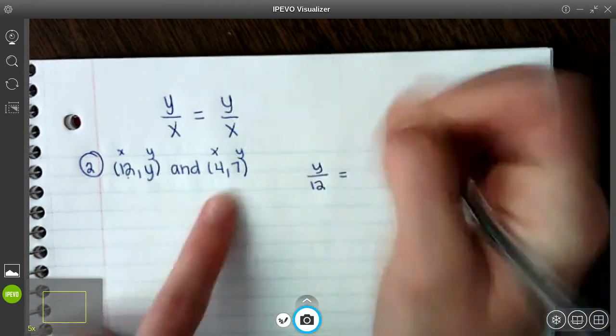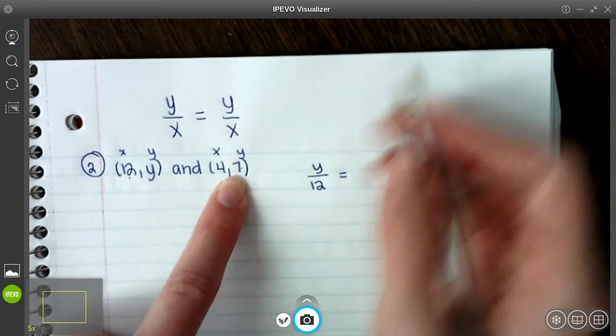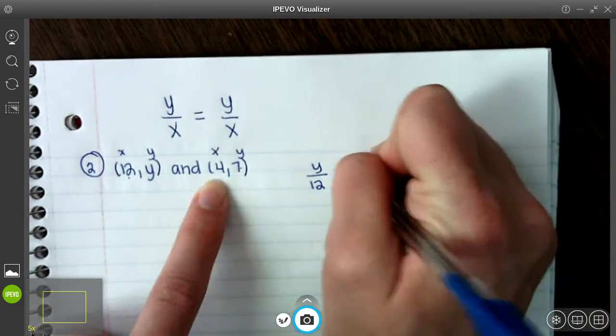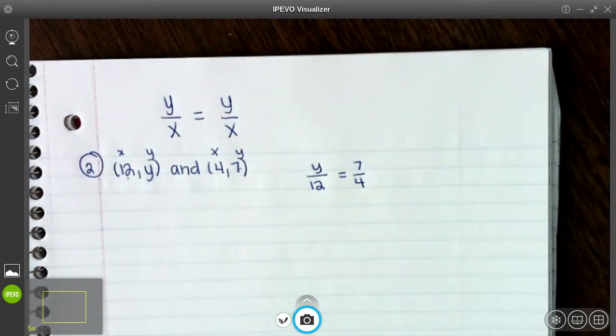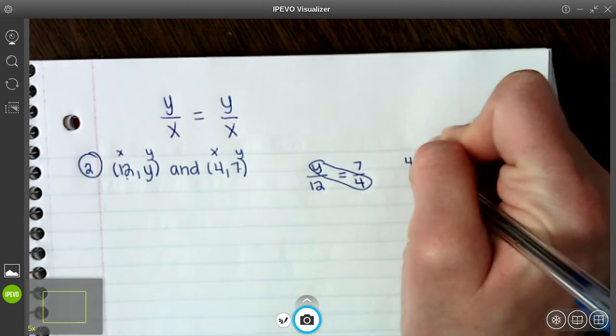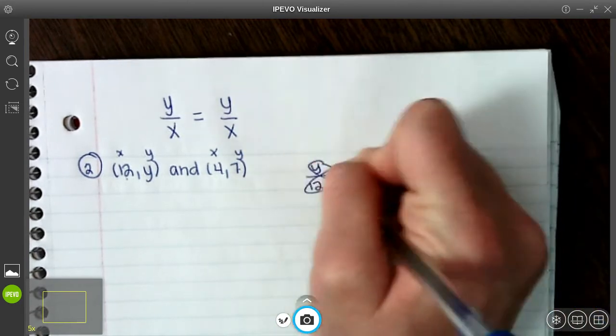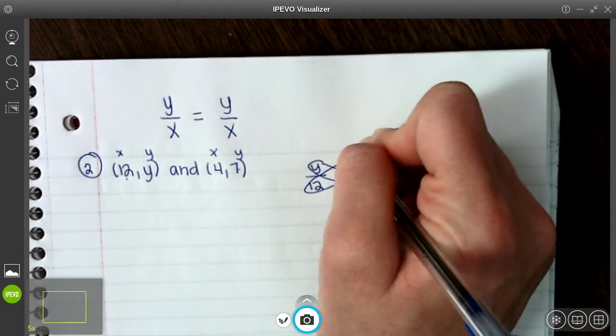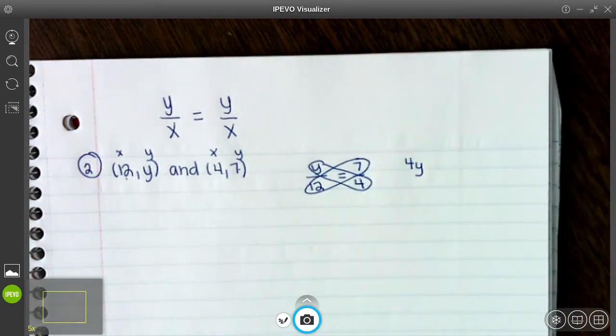And that's going to be equal to the y value here, which is 7 over 4. So first step is you set up your proportion. Then we can cross multiply. So y times 4 is 4y. What's 7 times 12? Can somebody help me out?